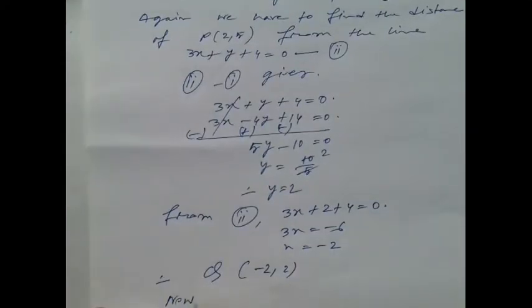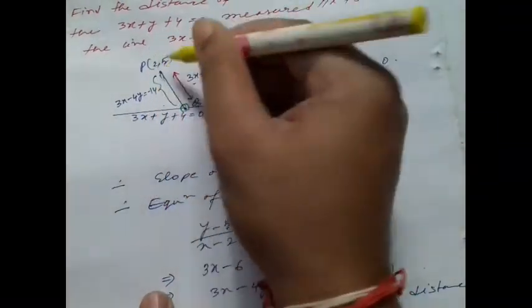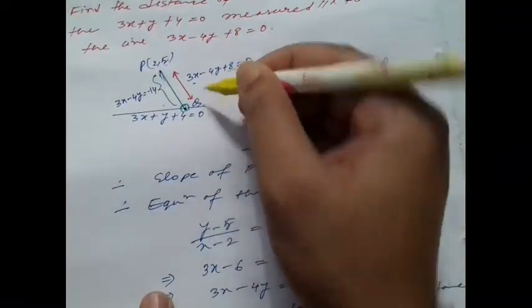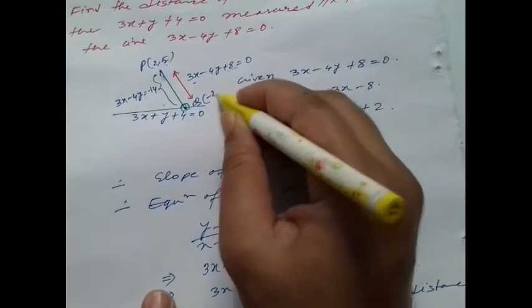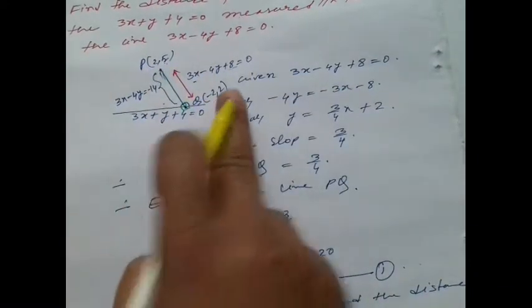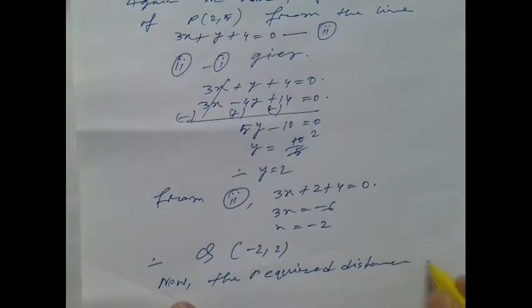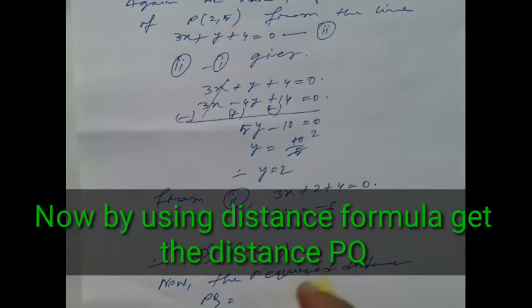Now the required distance is between the point P(2, 5) and the point Q we got, (minus 2, 2). So the required distance PQ equals the distance between (2, 5) and (minus 2, 2).